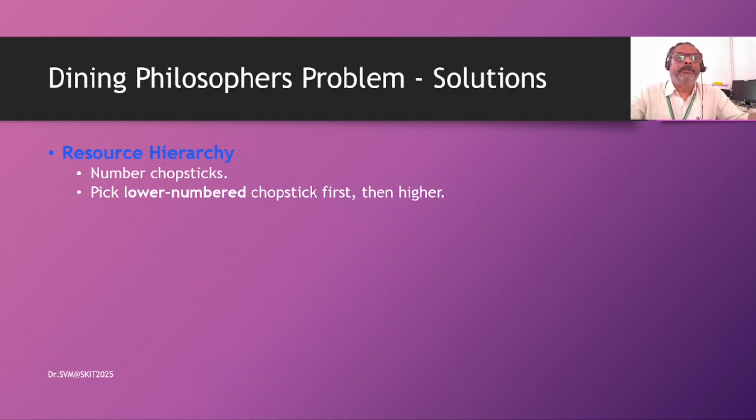Now what happens? One of the remaining 4 will get both the chopsticks and complete its job and place them back, then another one may get a chance, and another, because out of 5 only 4 can look for them. The fifth one is definitely not allowed to pick even one.